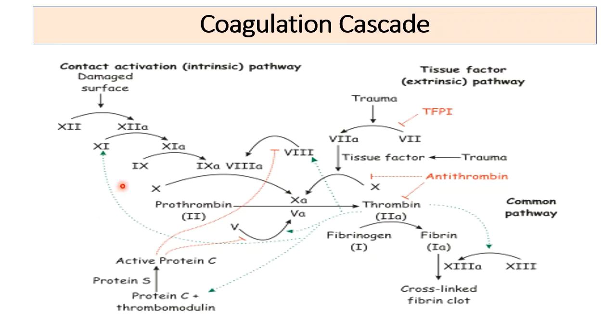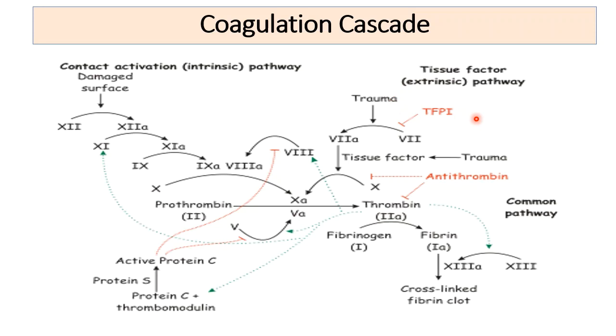So the coagulation cascade is a series of amplifying enzymatic reactions that leads to the deposition finally of the insoluble fibrin clot. So you already know this part where the coagulation cascade is divided into the extrinsic pathway and the intrinsic pathway.